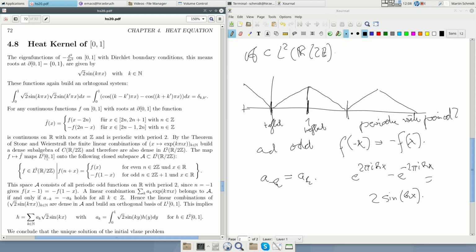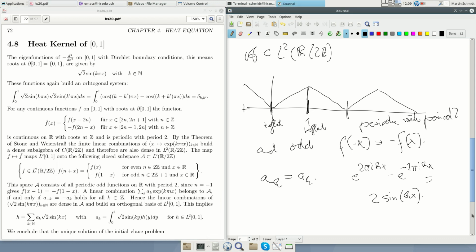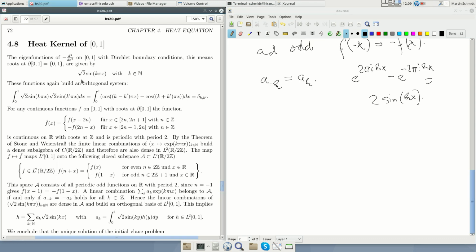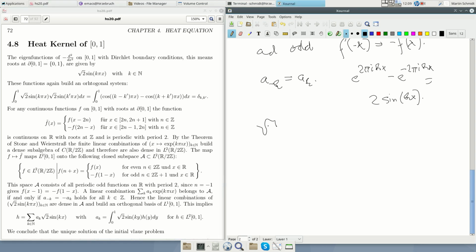And since by this map here we may identify this space with this space, altogether we get that these functions, square root of 2 sine of k pi x, are an orthonormal basis of L2 of (0,1).